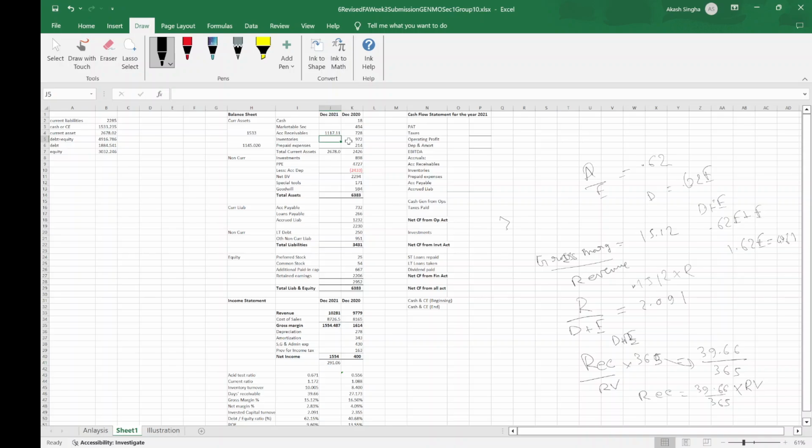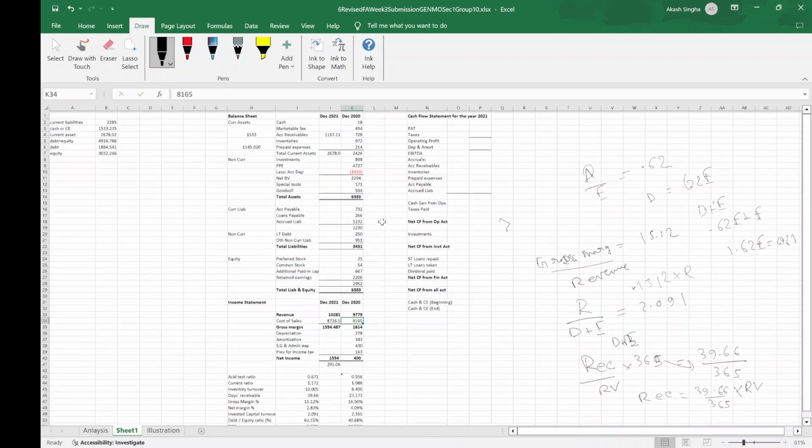And after this comes some tricky things. So, according to our teacher, companies keep cash in a certain ratio. So, they keep cash in the ratio of cost of sales, I think.